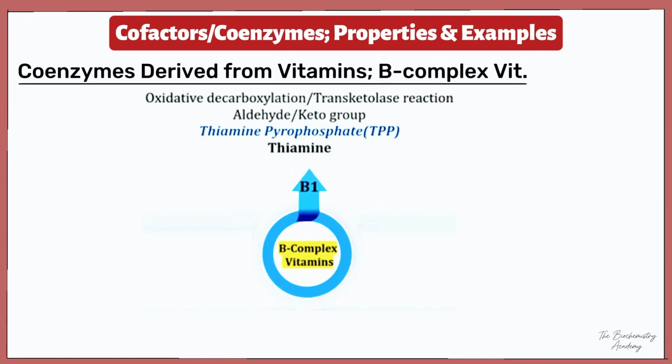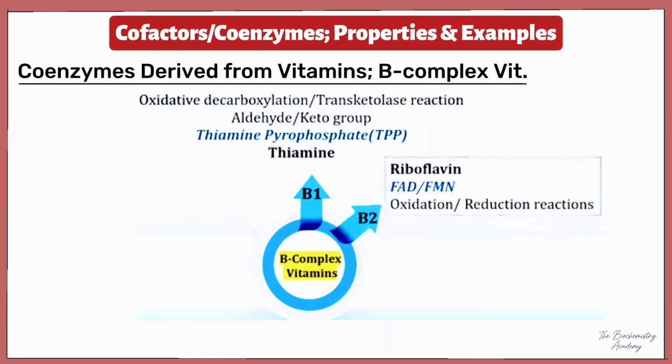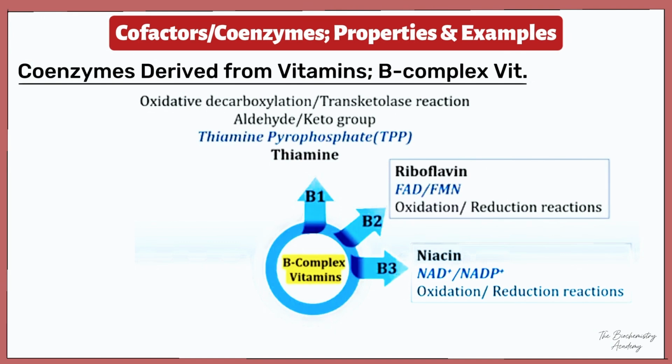Then the vitamin B2, which is also called riboflavin. Now the coenzymes are FAD and FMN, which are required for oxidation and reduction reactions. Then the vitamin B3, which is also called niacin. The coenzymes are NAD+ and NADP, which are required for oxidation and reduction reactions.